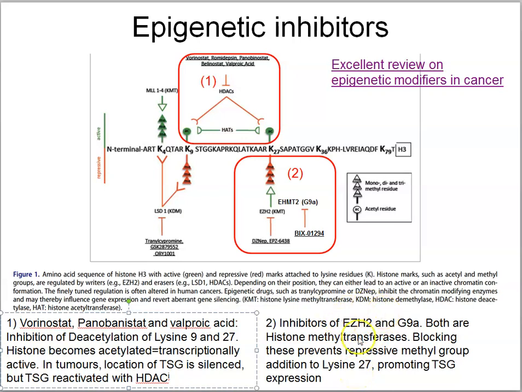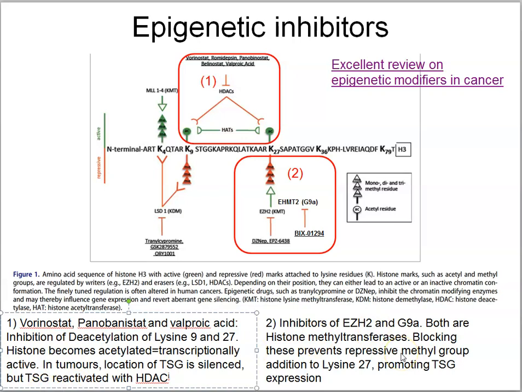So what we can do is add inhibitors of EZH2 or G9A, and they can then prevent that methylation of histones at those specific sites. What we find in cancer is EZH2 in particular is a histone methyltransferase which is quite frequently overexpressed.